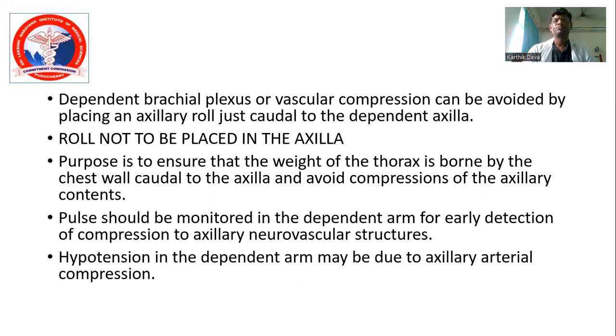Pulse should be monitored in the dependent arm for early detection of compression of the axillary neurovascular structures. Hypotension in the dependent arm may be due to axillary arterial compression.